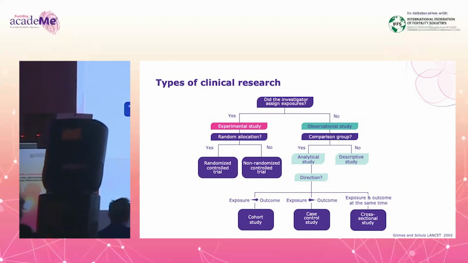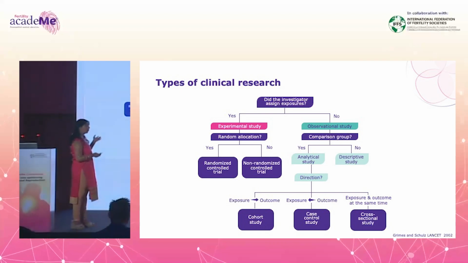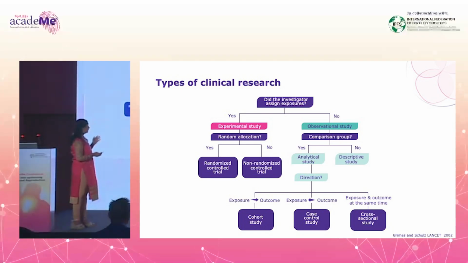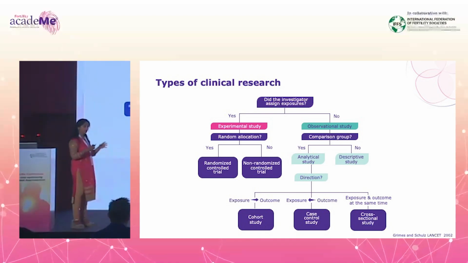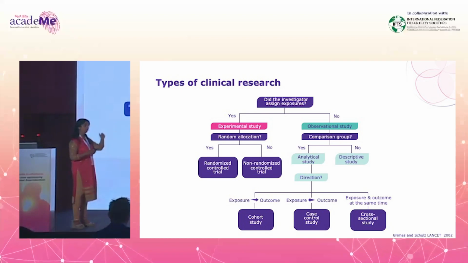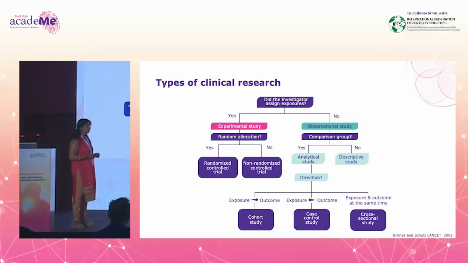So if we look at the exposure first and then look into the outcome, then it is a cohort study. If it is the outcome first and then we look at whether we have the cases and the controls, which is the outcomes, and then we look whether they had the exposure, the intervention or the treatment, or did not have them, then it is known as a case control study.